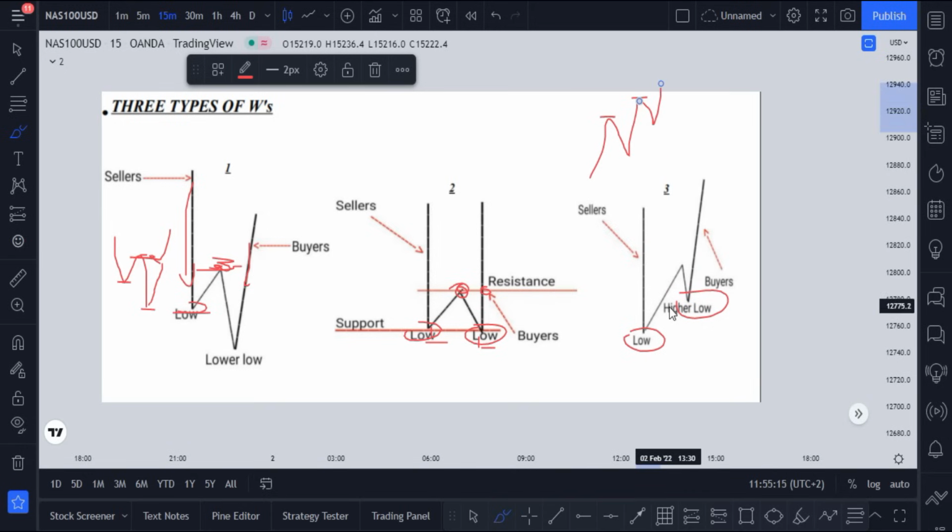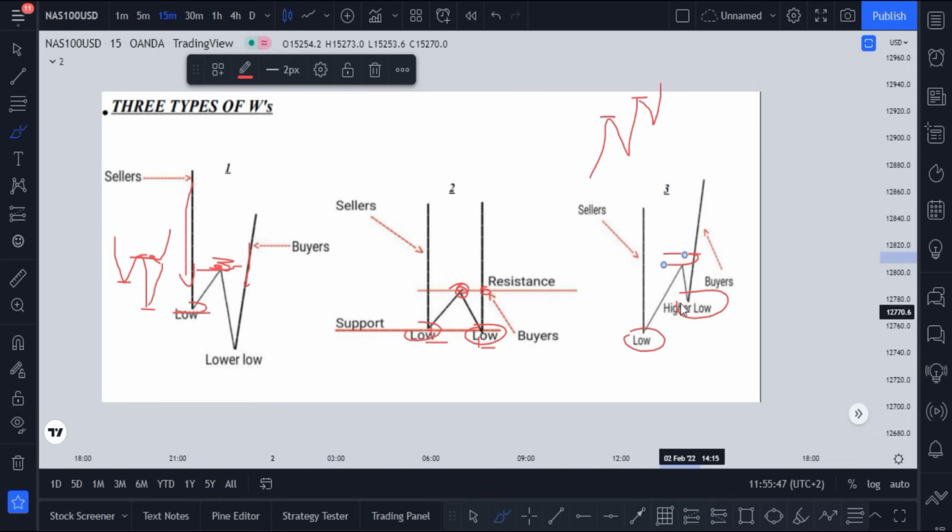We have a low, and then we create a higher low, right? Which confirms a bullish movement. So that is why this one is actually an ideal type of W formation that we'll be looking for, because it's already confirming the uptrend, right? So in this case, as you can see, the sellers are pushing it down, it finds support, it goes up, it finds a resistance level, which is the neckline over here, and then comes back to be pushed down, but then it doesn't push all the way down to the first leg, right?